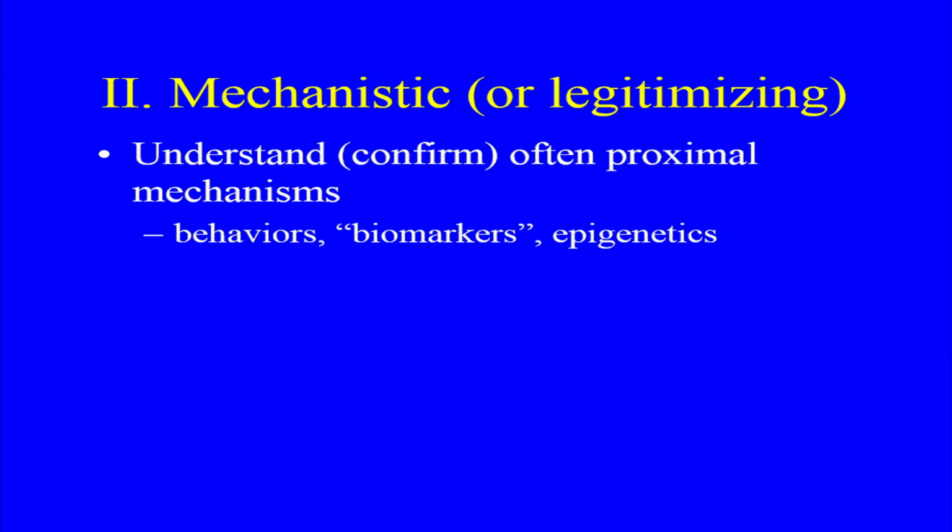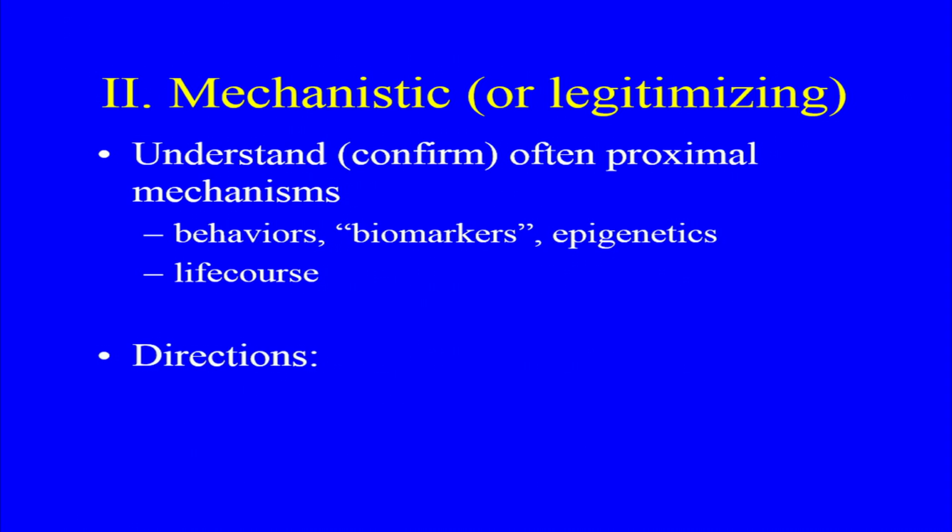Now, of course, it's the so-called biomarkers, blood pressure, weight, inflammatory markers like CRP, et cetera. And more recently, it's manifested in epigenetics. I think this can be helpful, though it doesn't always yield a lot of new insights, but it can be legitimizing and strengthen causal arguments for the more distal factors, and certainly over the life course as well. So I think there's been a lot of work in this area already.